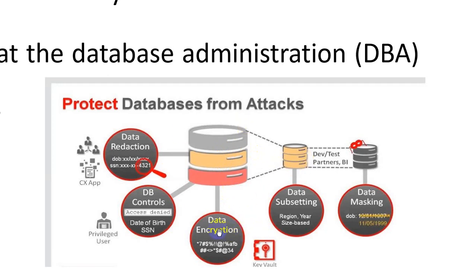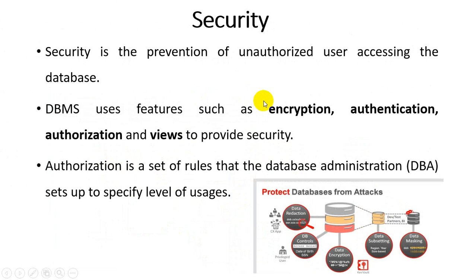Different techniques like encryption, database access control (access denied) and data restriction provide a particular access key for accessing particular information. So these are the different areas where security matters in a DBMS, and with the help of encryption, authentication, authorization and views, a DBMS can provide security for the data.